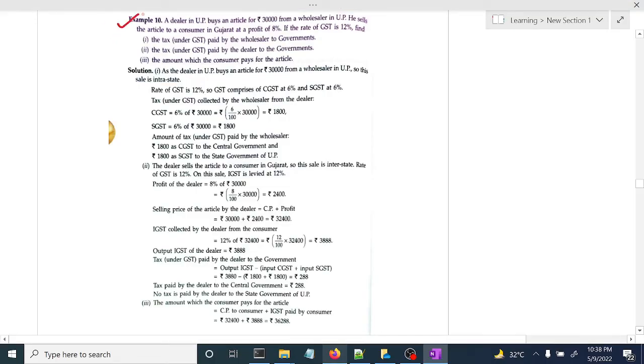Here comes our example number 10. A dealer in UP buys an article for 30,000 from a wholesaler in UP.